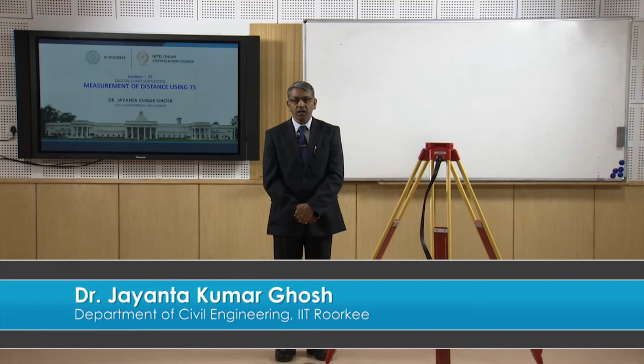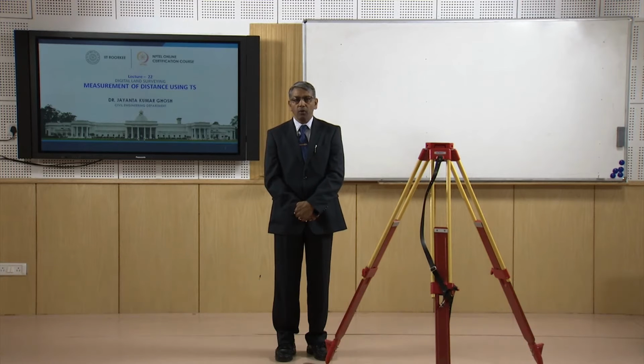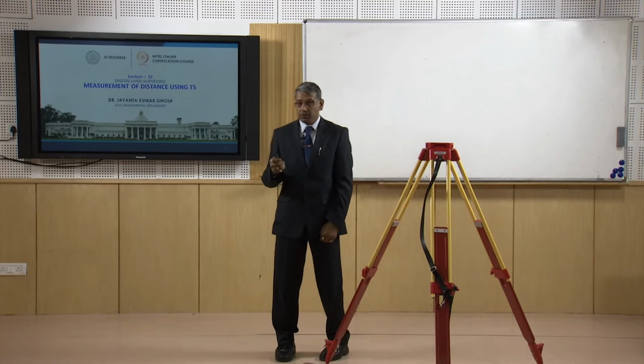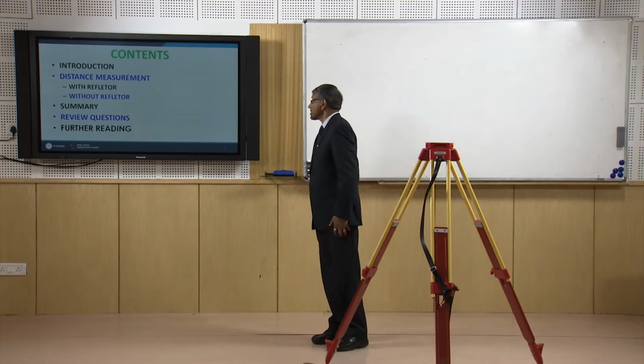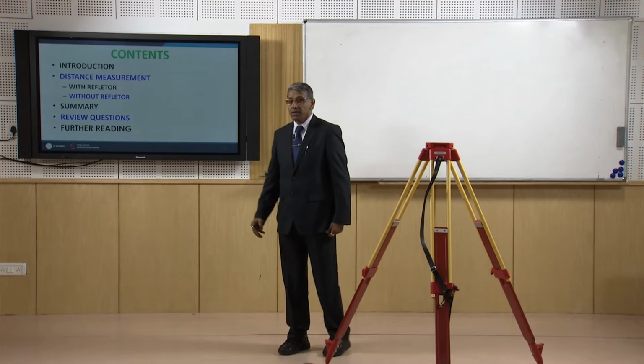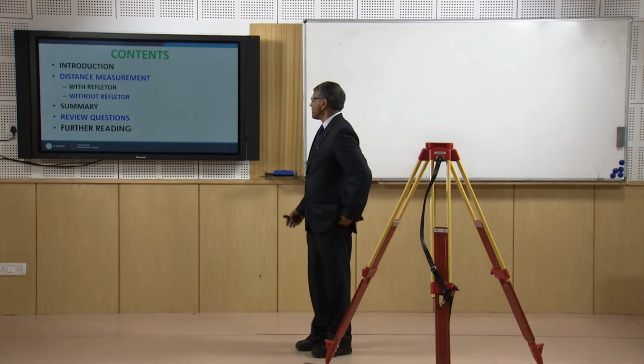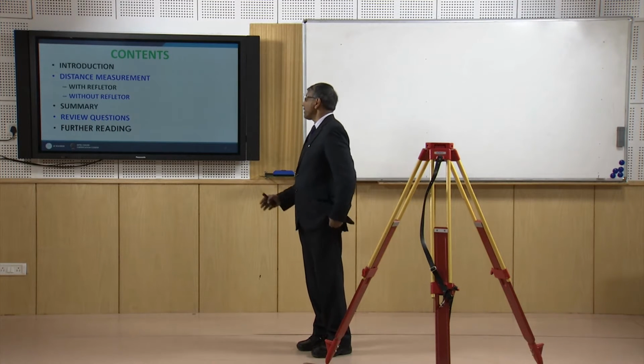In this class I am going to explain how to measure distance using a total station. This class will be discussed on these points. First, measurement of distance: an introduction.